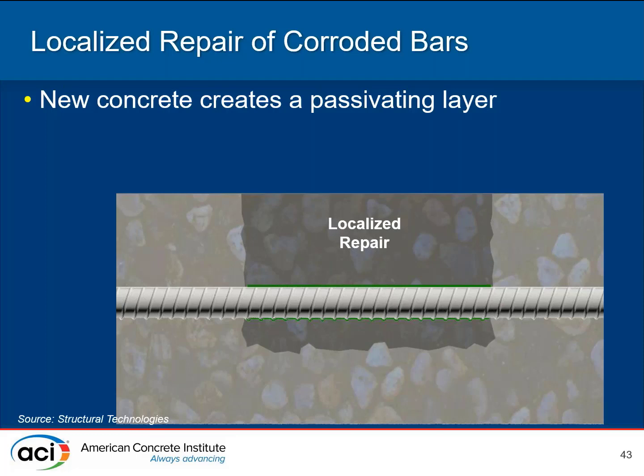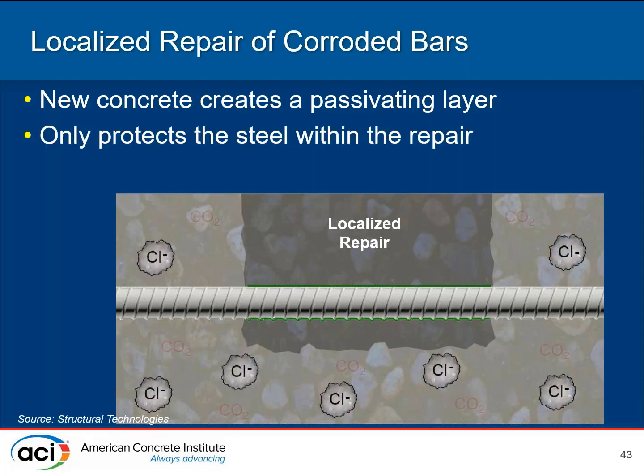Hey, you're really good. Well, you are in the localized repair area, but it's only protecting the steel in the repair. While you may not have had corrosion outside of the repair, and you may have got all the steel that was corroding, there's still a level of contamination in that original concrete hanging around.